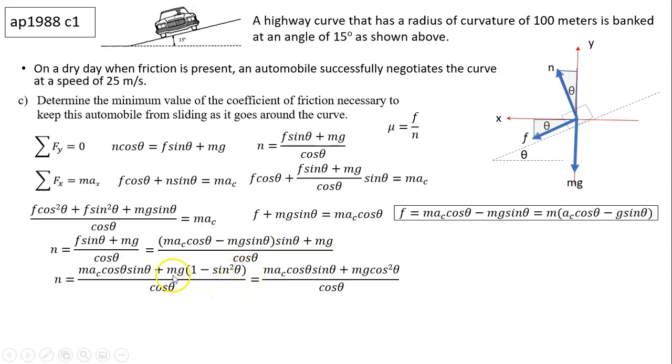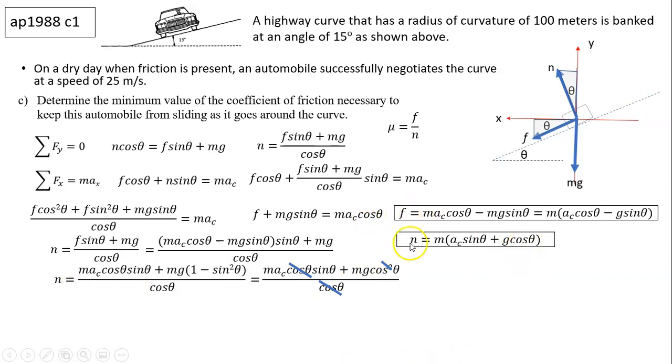I factor mg out, so the second term becomes 1 minus sine theta squared. 1 minus sine theta squared equals cosine theta squared. So as you can see, all the terms have cosine theta. We can cancel out cosine theta. So this becomes N equals m, factoring it out, (ac sine theta plus g cosine theta).